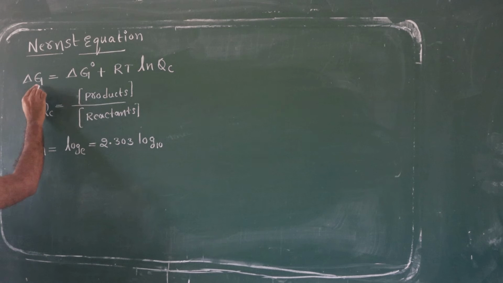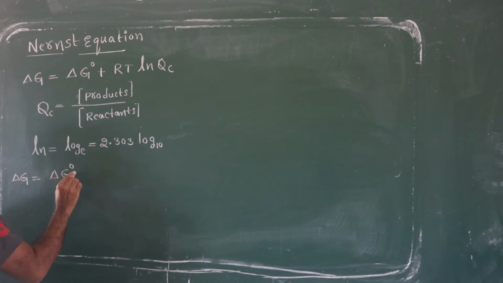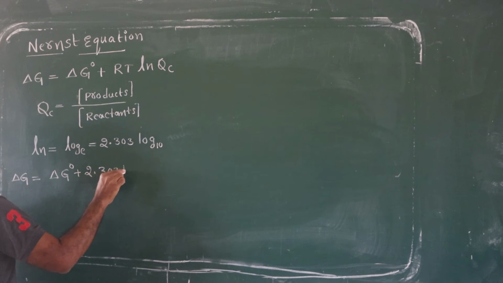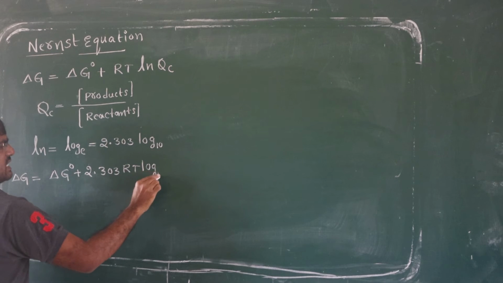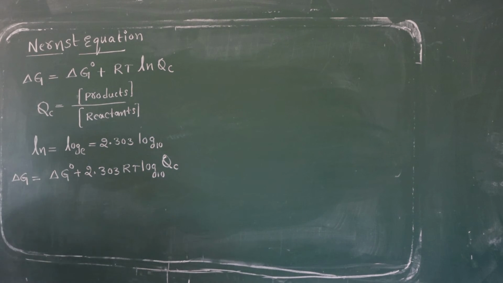Now substitute in this formula. Delta G is equal to delta G naught plus 2.303 RT log base 10 Qc. We will get this formula.